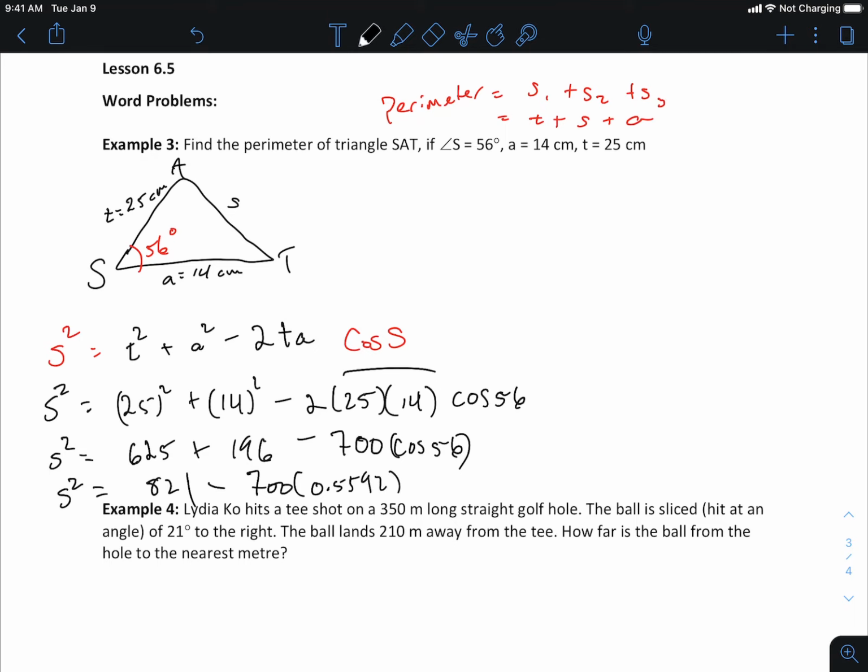You're going to have to try and do it in class. Okay, so now we need S squared is equal to 821 minus, what's that number? 700 times that decimal should be 350, 365-ish maybe. 375. It's 391. Okay, I was getting there. 391.4? Yeah. Okay.